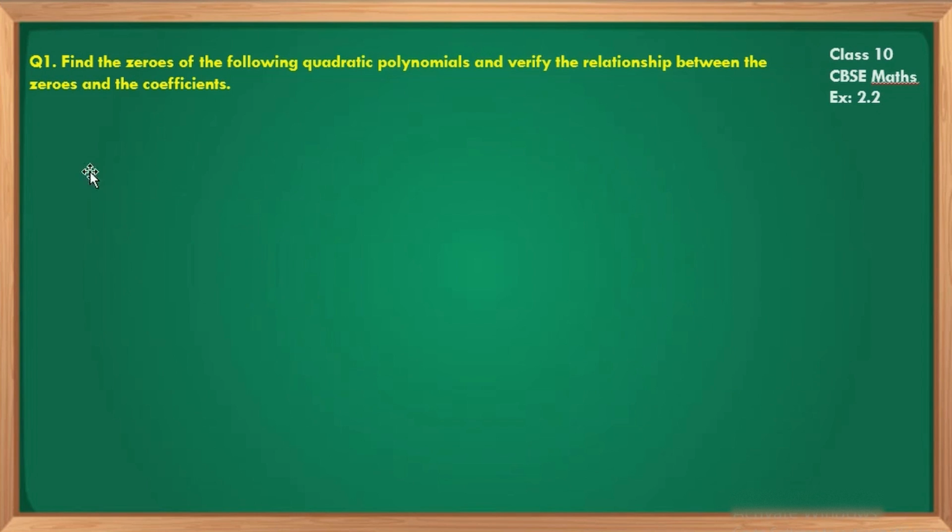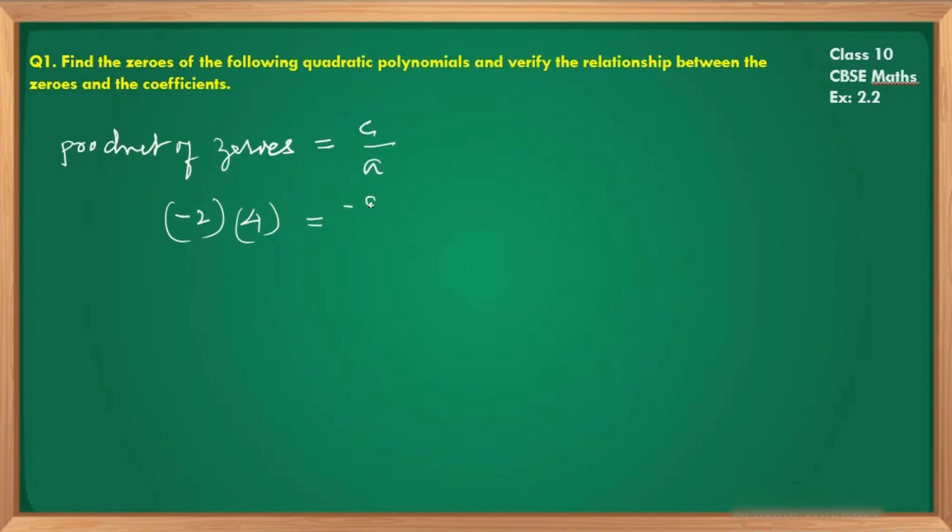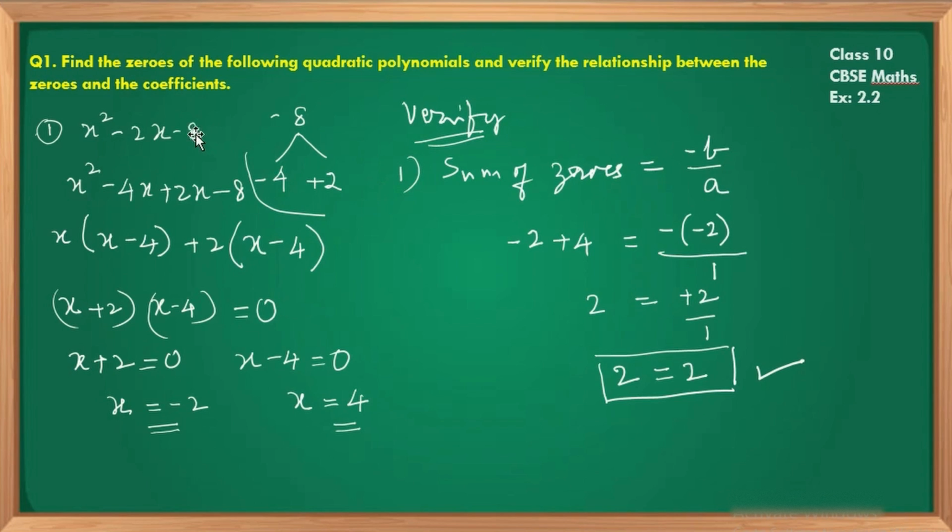Now the product of zeros is equal to c by a. What is c? c is a constant. a is the coefficient of x squared. Now we know there are two zeros. Minus 2 is one zero and 4 is another zero. c is minus 8. Here you can see c is minus 8.